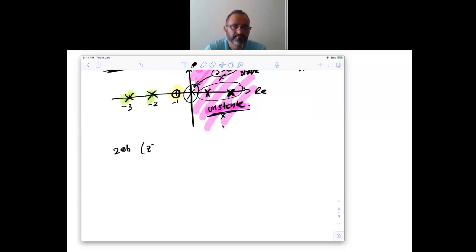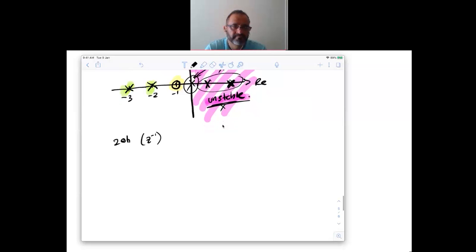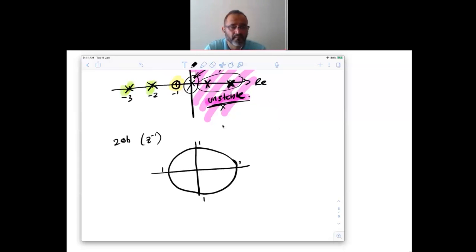When you have z minus 1 as your domain, similarly you can plot it, but it is within a unit circle. Any region inside the circle, your system is stable. Anything inside the circle is stable.